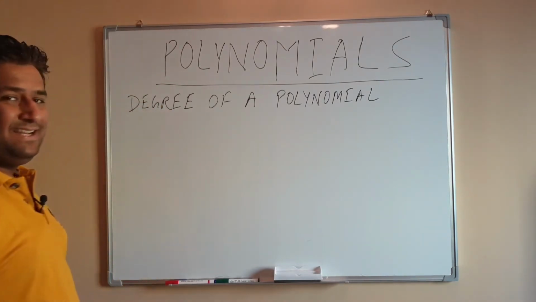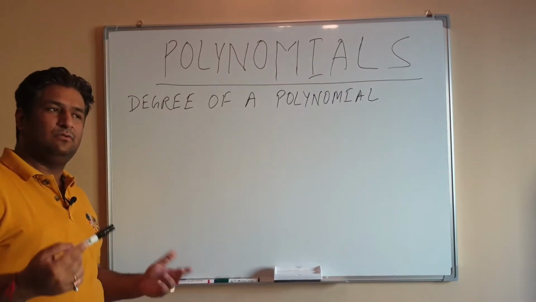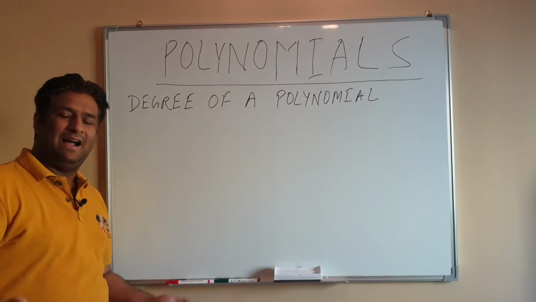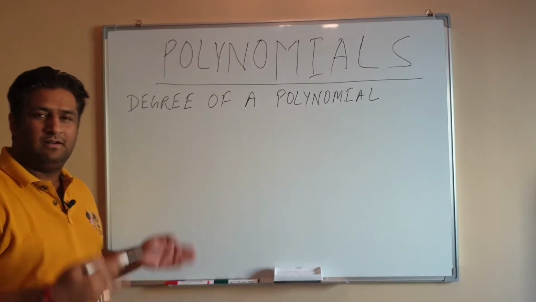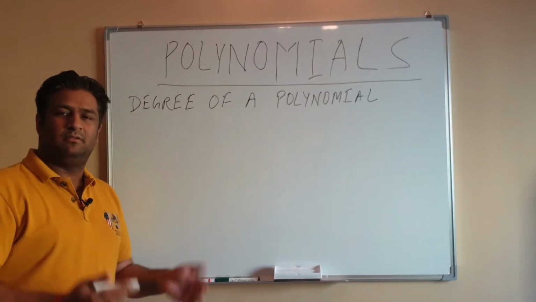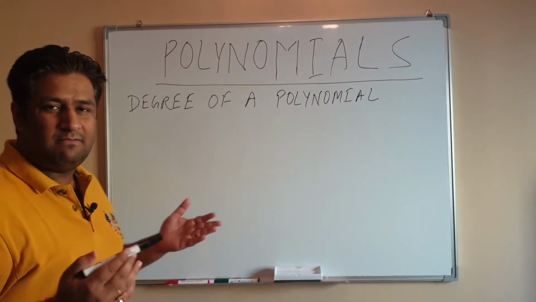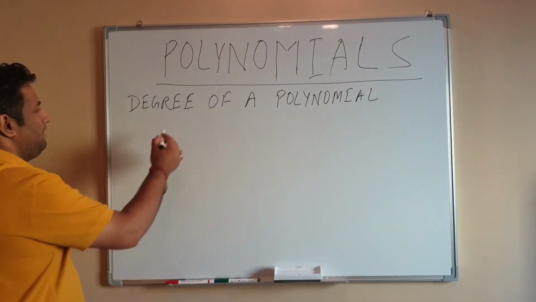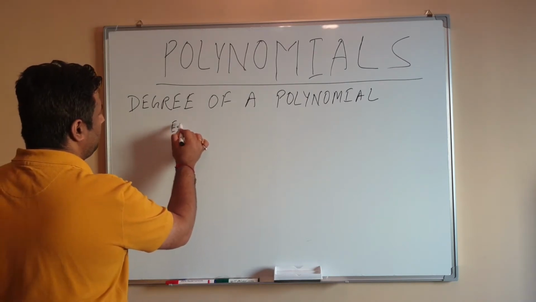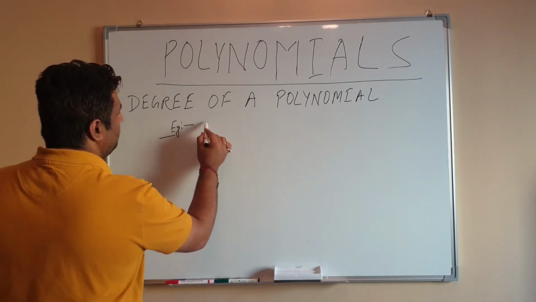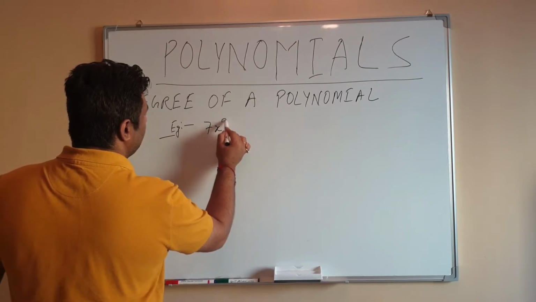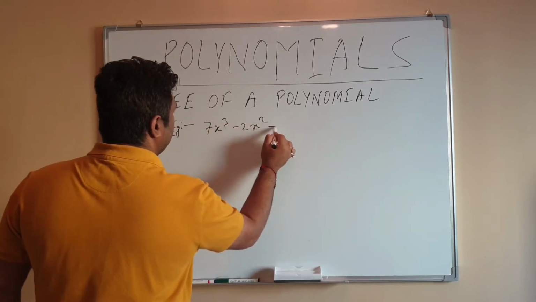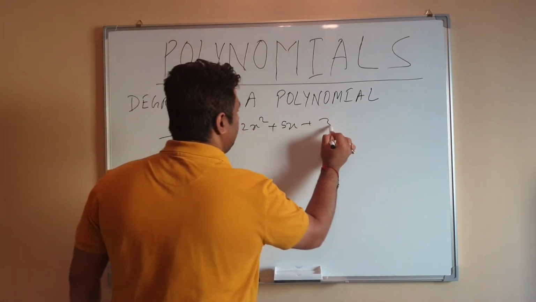Now when we say degree of a polynomial, as I told you before also, the highest power of a given polynomial term is going to be the degree of that particular polynomial. Okay, like for example, 7x cube minus 2x square plus 5x plus 3.